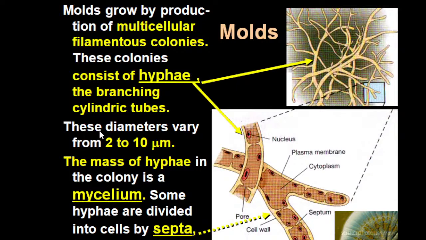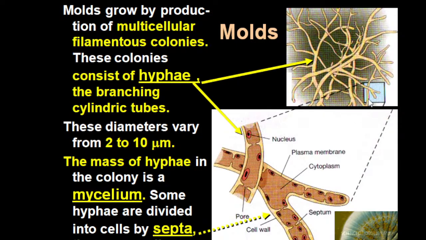Now, a few words about the molds. Molds are multicellular filamentous organisms. When they grow on the medium, they form multicellular filamentous colonies. That's what we see, for example, with Penicillium and Aspergillus when it grows as a saprophytic organism.